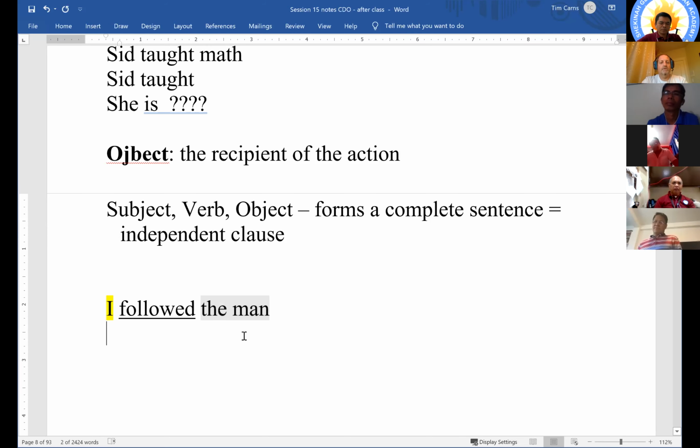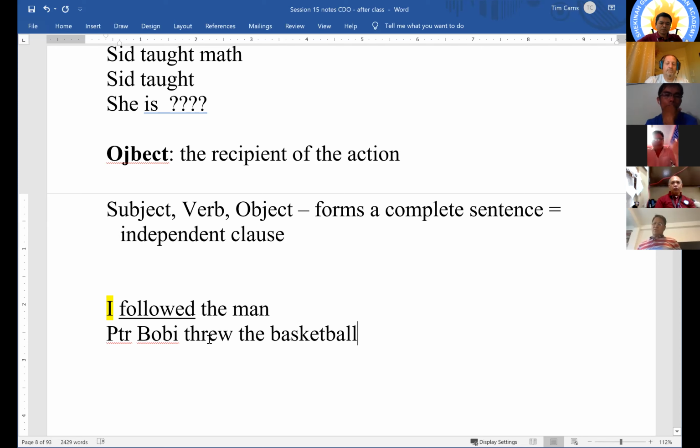All right? Or we could say Pastor Bobby threw the basketball. All right? Pastor Bobby, what's the action here? Threw, right? So that's my verb. Who is the subject? Who is doing the action?